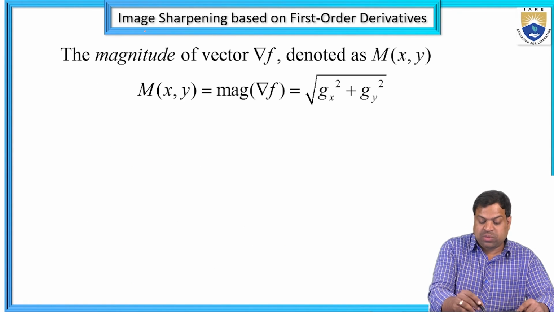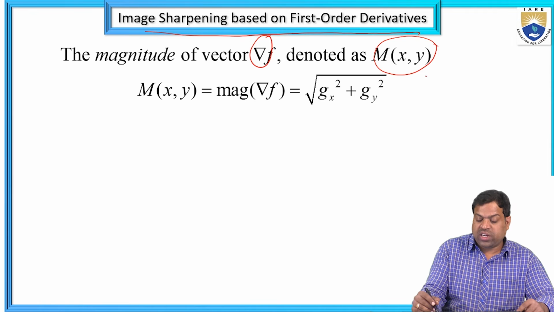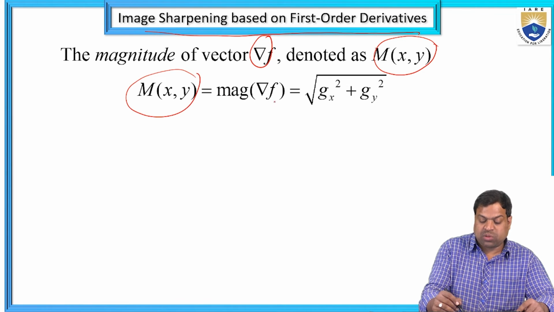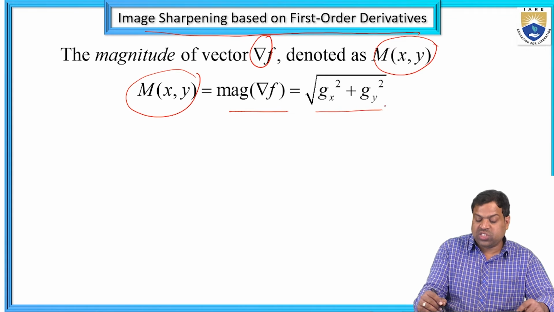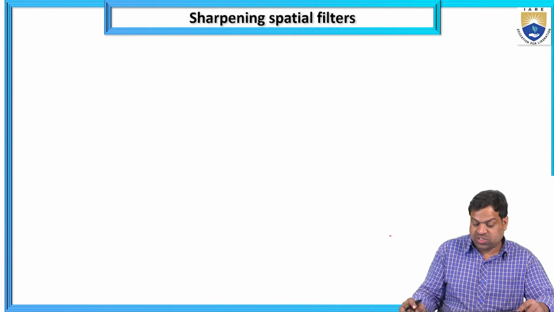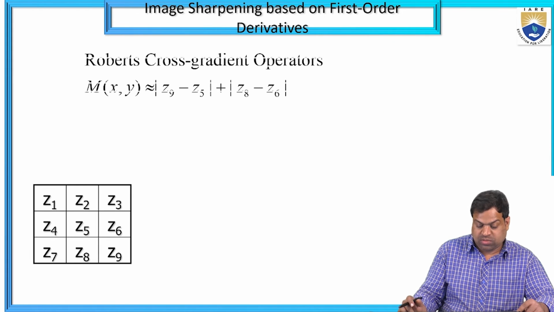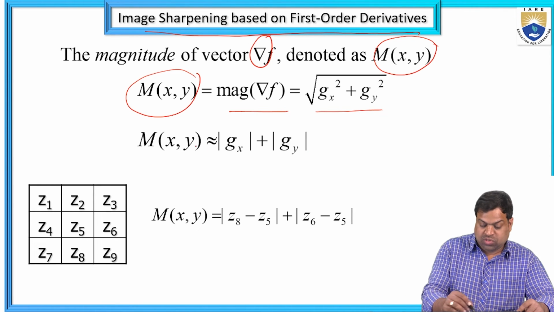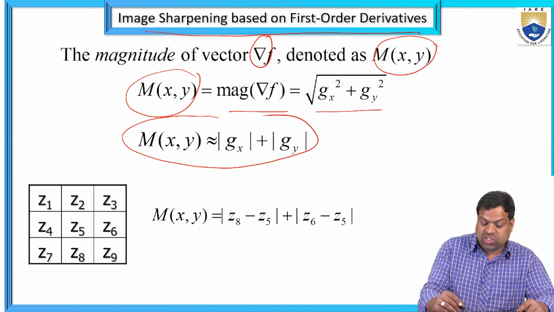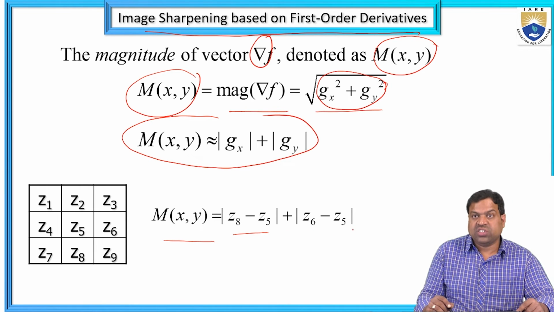Image sharpening based on the first order derivative: the gradient is denoted by M of x comma y, which equals the magnitude of delta f, the square root of gx square plus gy square. Approximating, M of x comma y equals the absolute value of gx plus the absolute value of gy, which is z8 minus z5 plus z6 minus z5.